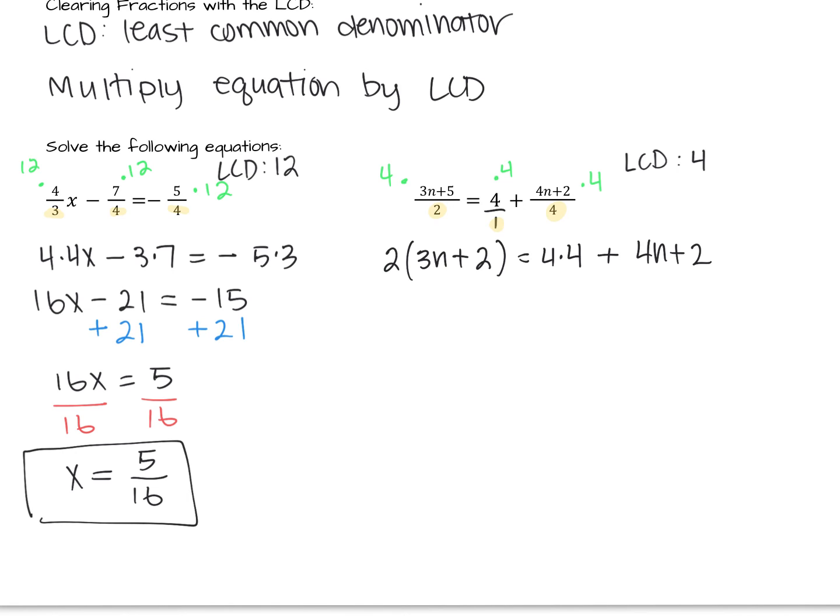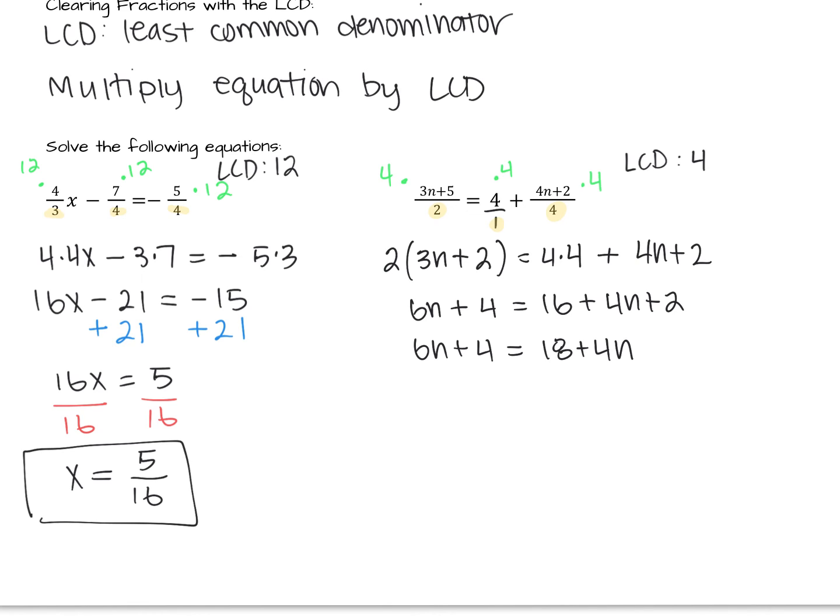So I am going to distribute the 2 into the parentheses, so we get 6n plus 4 equals 16 plus 4n plus 2. I have like terms on the right side, so 6n plus 4 equals 18 plus 4n.